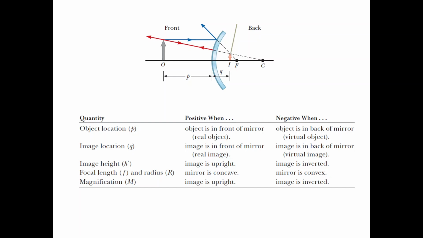One ray hits the surface at a right angle, so it comes back to the point where the ray originated. Another goes parallel to the principal optical axis, and the reflected ray, when we extrapolate it, goes through the focal point of the mirror, so it works in both directions.